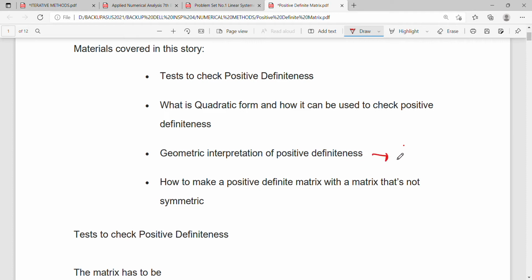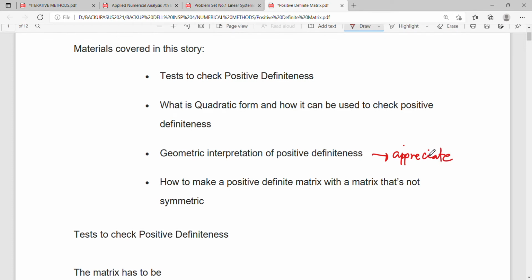I want you to always appreciate the principles, class, because this is the only way we can motivate ourselves to proceed to the more difficult situations. Also, how to make a matrix positive definite if it is not symmetric.